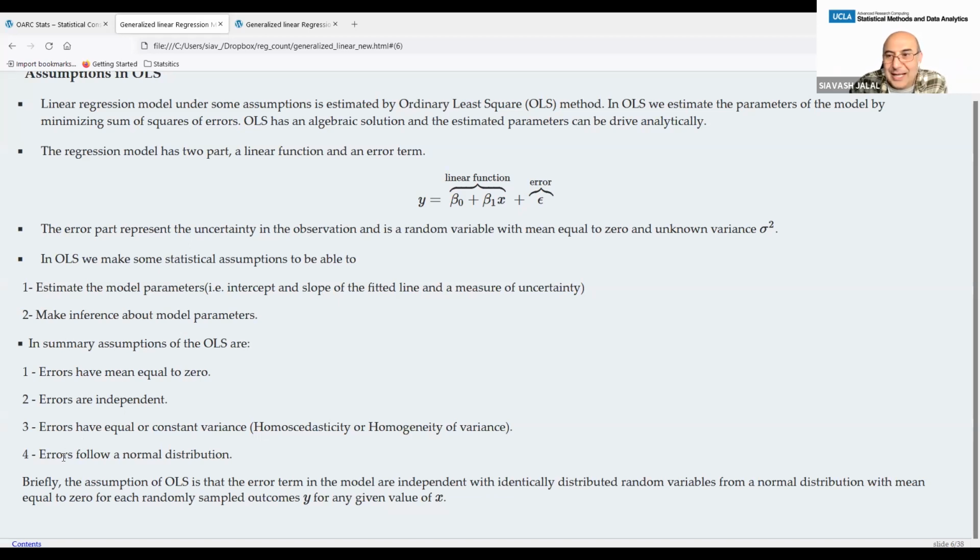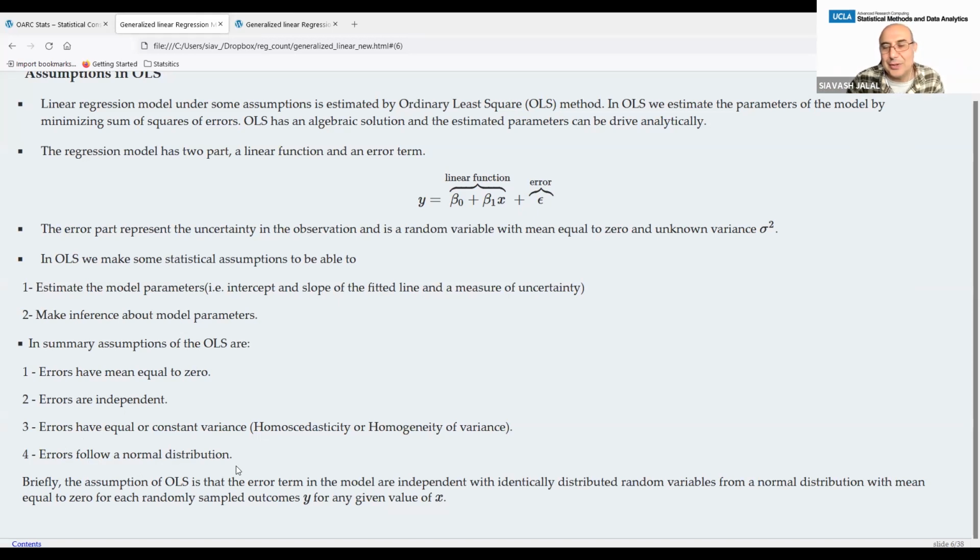The last assumption is that error should follow the normal distribution. This assumption is not as important as the other assumptions, because if you have lots of samples and our sample size is large, then asymptotically everything works out.